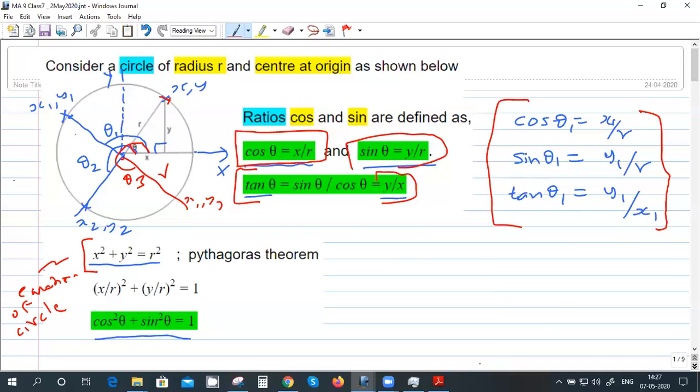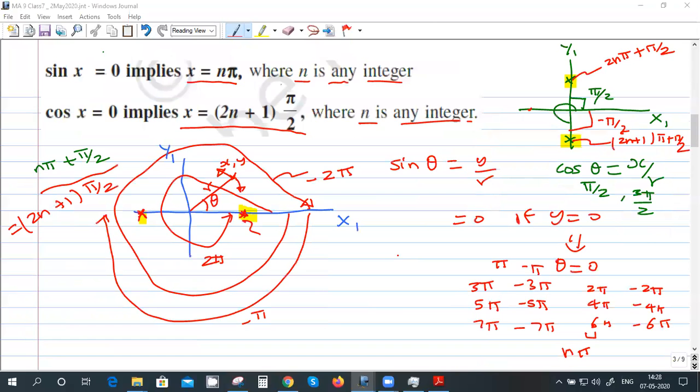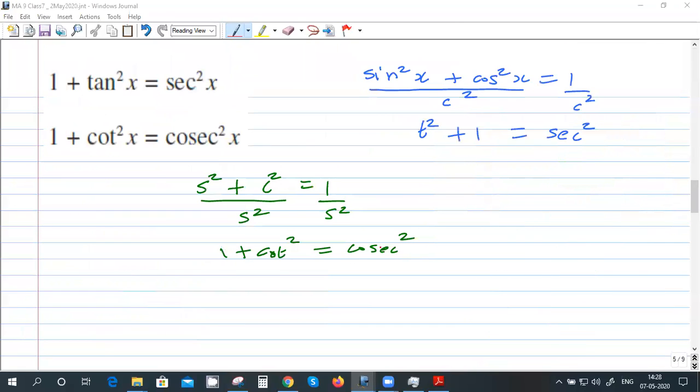For any angle, this thing is valid. Just accept it. If you are not understanding it fully, you will understand it as things go on. Okay. Yes, sir. Right. Now, from sine square plus cos square, you can get these two.